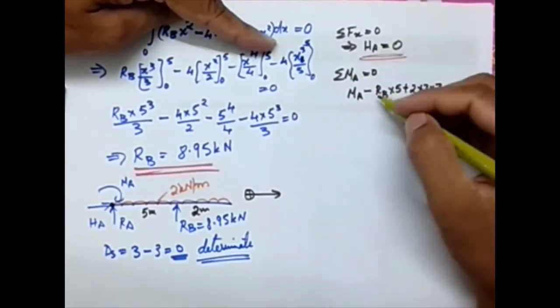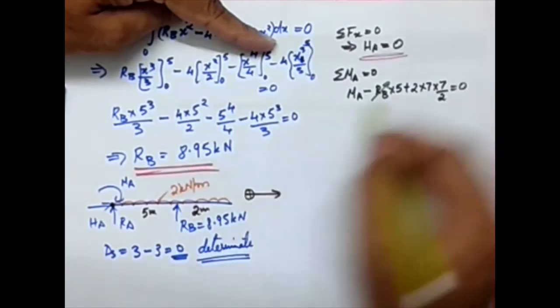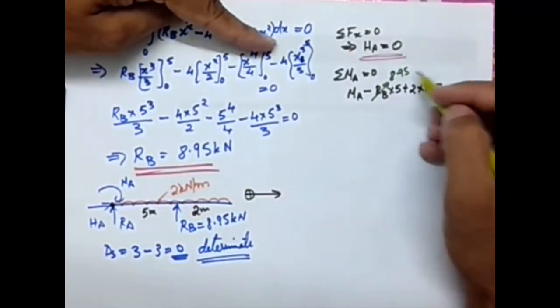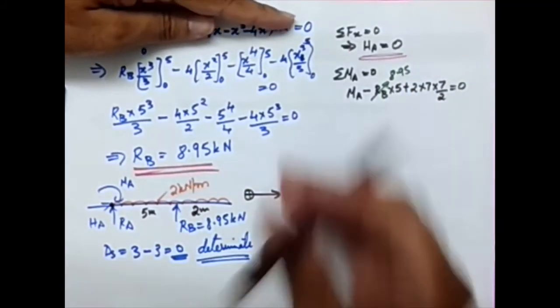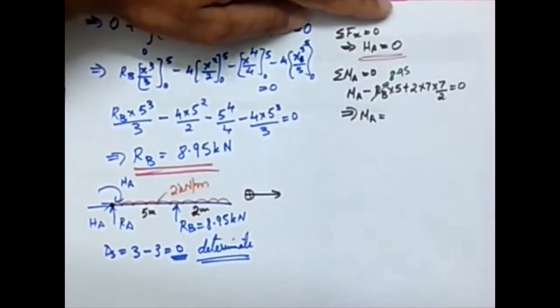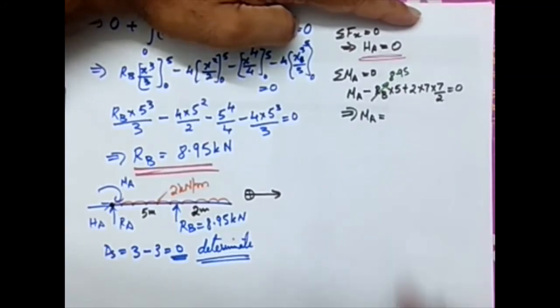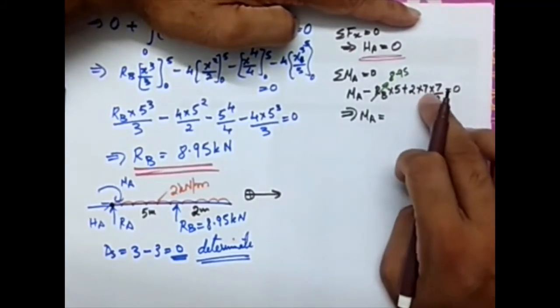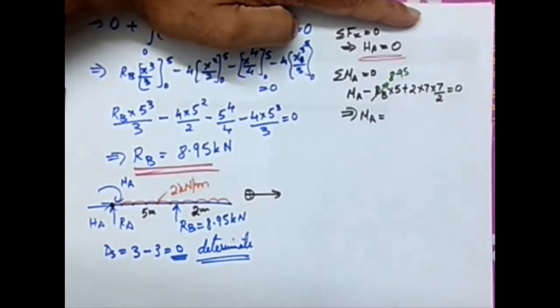Now we have the value of RB that we have already calculated. It is 8.95. Fine. Now just calculate the value of MA from this. We'll be getting it as 14, 2 cancels away. So what is left is 7 times 7, that is 49. When it goes to the right side, it becomes negative. So minus 49, and this becomes plus 5 into 8.95.